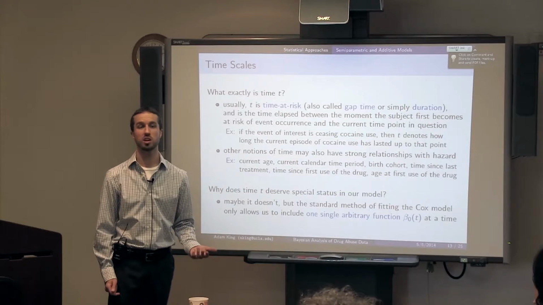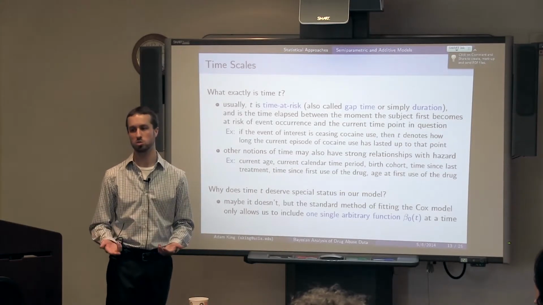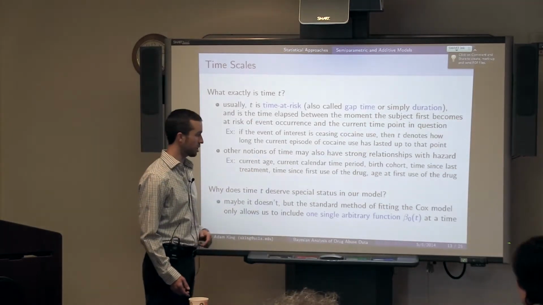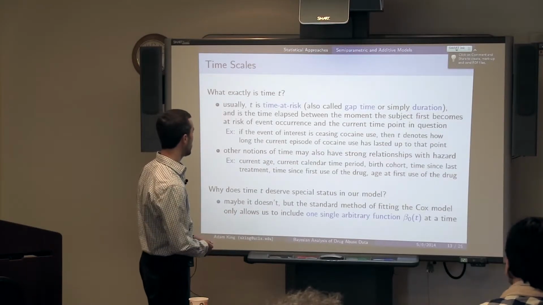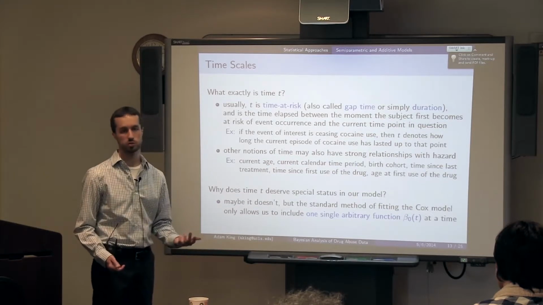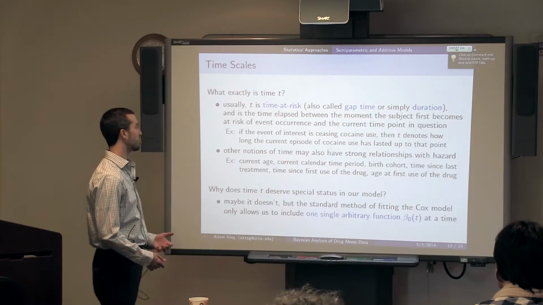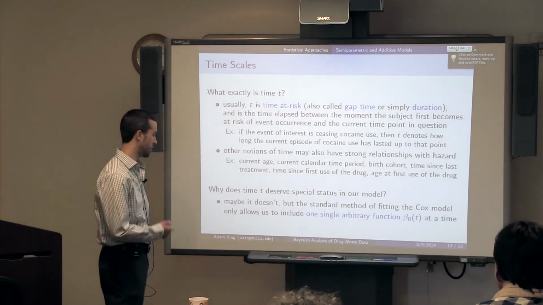We know that in the 1980s there was an explosion of crack cocaine use, so the risk of beginning cocaine use is going to be much higher in, say, 1990 than 1980. So current calendar time is going to be important. Birth cohort, that is year of birth, will be important. Time since last treatment, time since first use of the drug, age at first use of the drug. These are all notions of time which may be just as important as this time t that we commonly use in a Cox proportional hazards model.